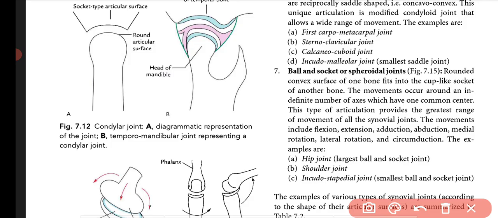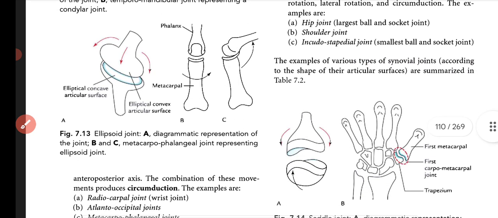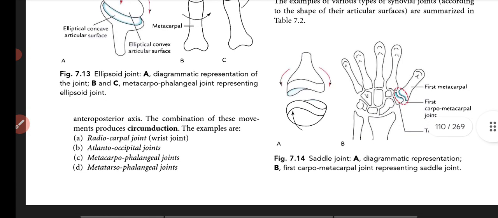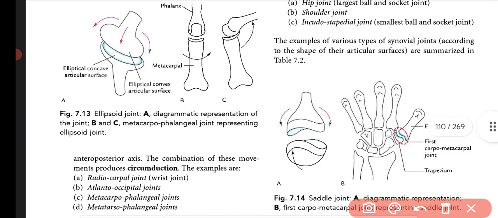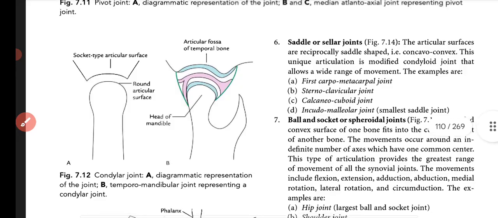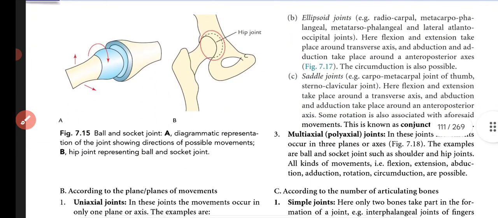Here are the schematic diagrams of the ellipsoidal joint and saddle joint. You have to draw a schematic diagram of the condylar joint.